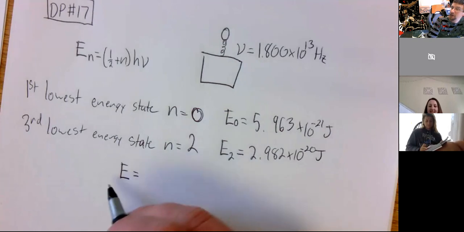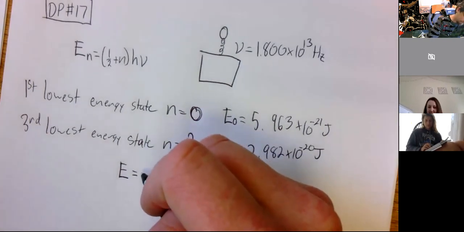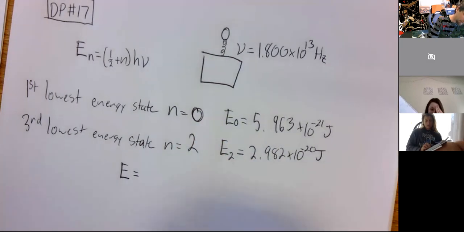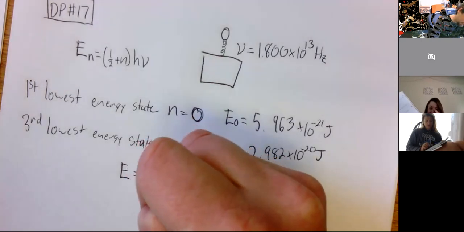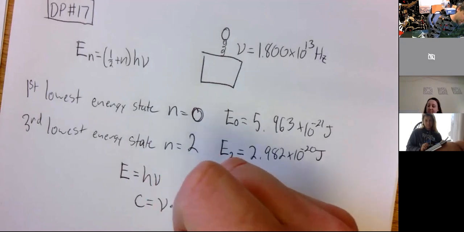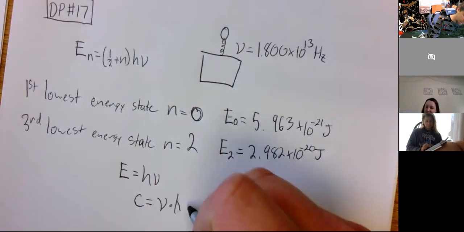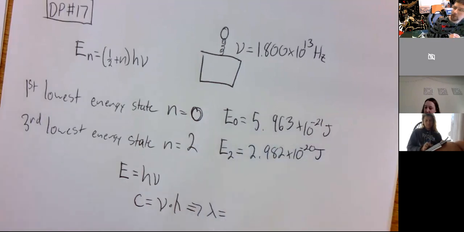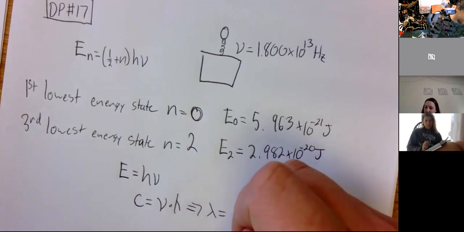Way back when we first started, what's energy equal to? Like hv, yep, hv. So then we know that c is equal to v times lambda, right? So we can manipulate that. What's lambda going to be equal to then? c over v. Yep.